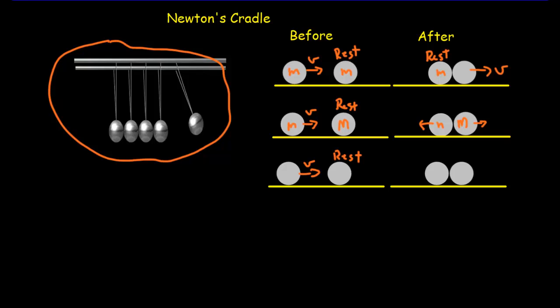In the third case, where you have a bigger mass coming in and hitting a smaller mass, both will end up moving in the same direction. The larger mass will slow down considerably, and then the smaller mass will take off with usually a fairly large velocity.